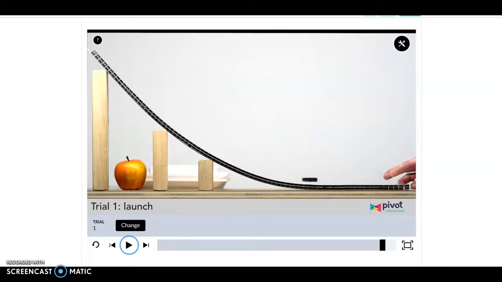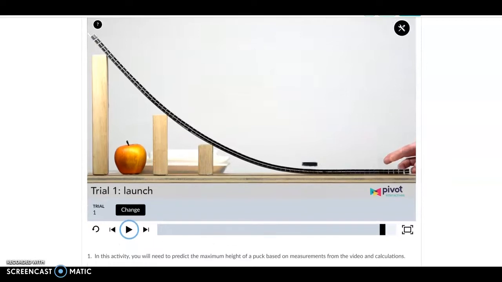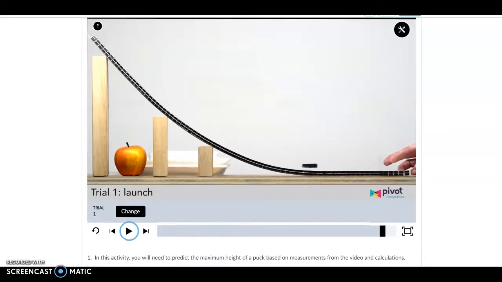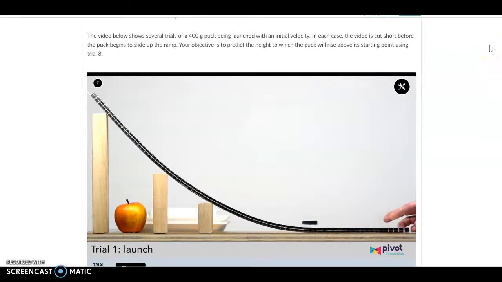So I guess all I can think of here is that they want me to take measurements of the velocity, and if I know the mass and the velocity of the puck, I could calculate the kinetic energy of the puck. And if I know the kinetic energy of the puck equals the UG of the puck, right? And the truth is, I don't even have to know the mass of the puck. This is one of the cool things.